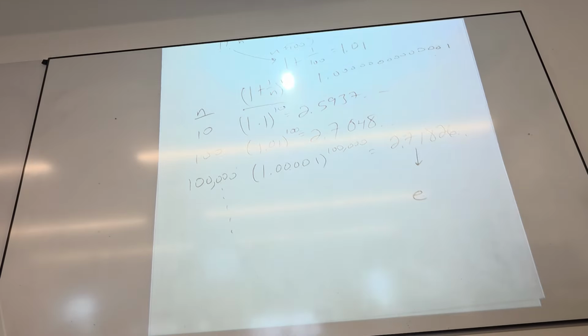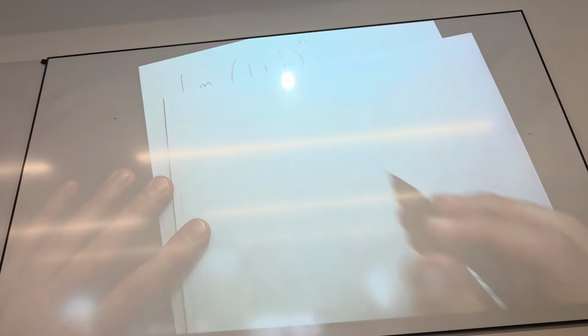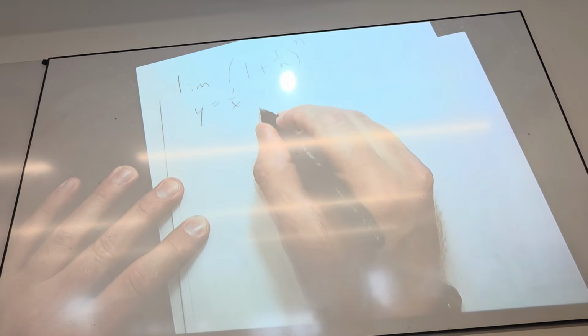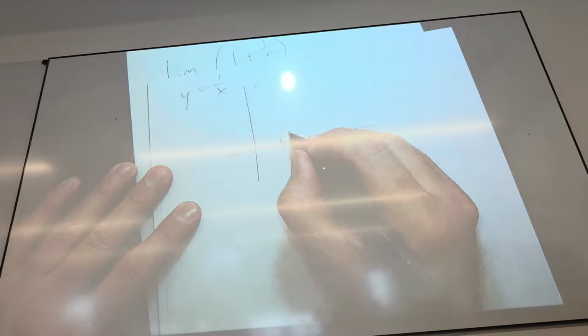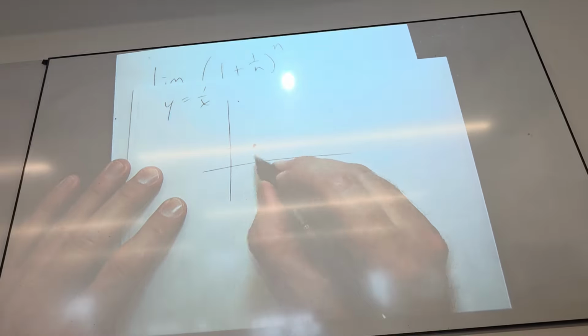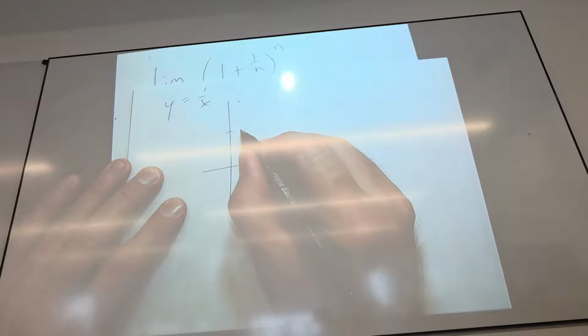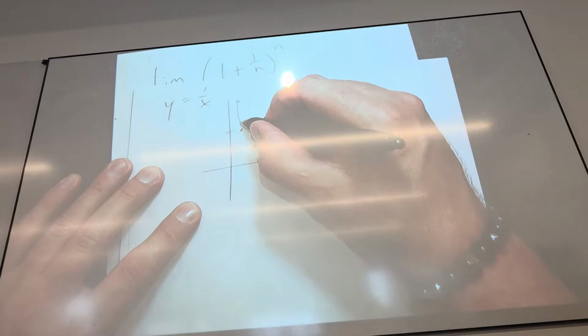The other place e comes from, that I always find much more fascinating, is if I graph this function in the first quadrant. For example, 1 divided by 1 is 1. 1 divided by 1/2 is 2. 1 divided by 2 is 1/2. It's going to look like this.